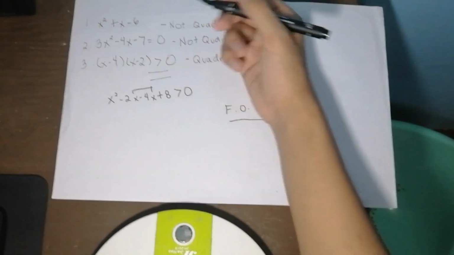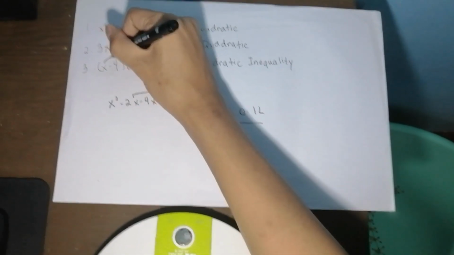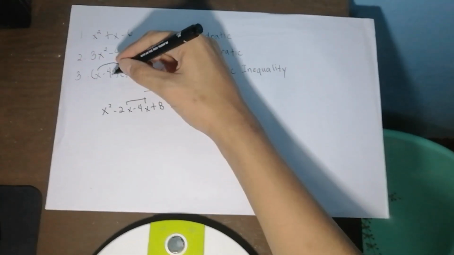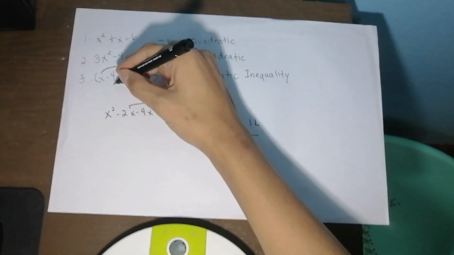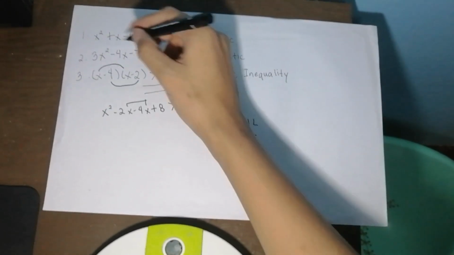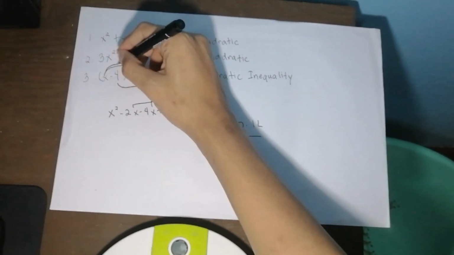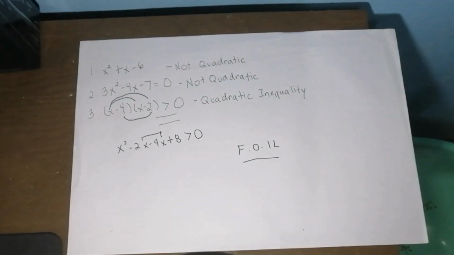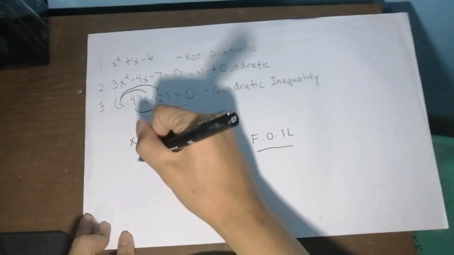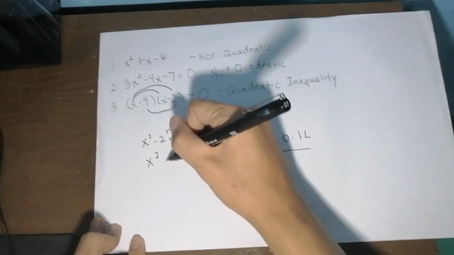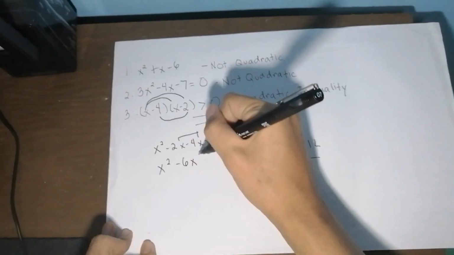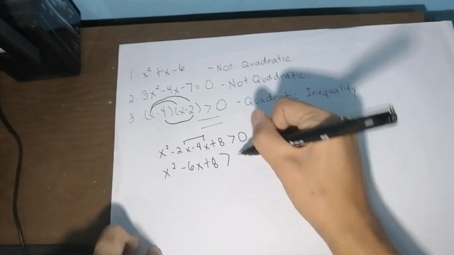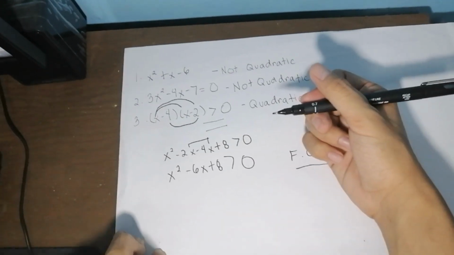And the 8 is negative 4 and negative 2, which when we multiply both negative terms, becomes positive, so plus 8. And by combining the like terms, I get x squared minus 6x plus 8 is greater than 0.